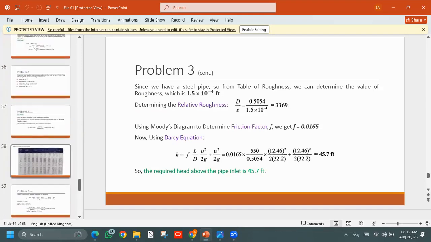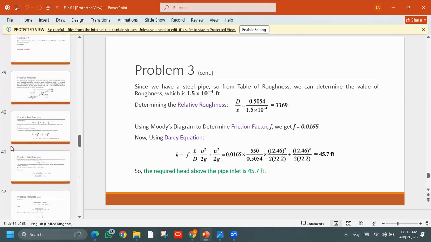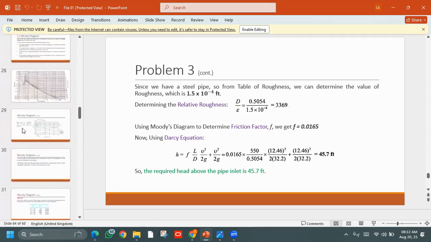So from the Moody chart, we can determine the value of friction factor.